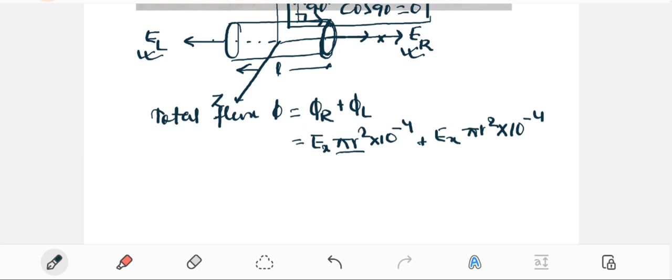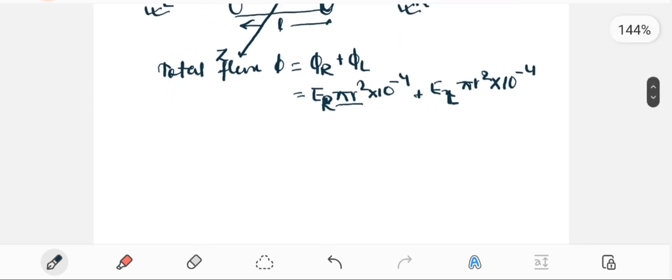Now students, for the right hand side we have considered it as r, so we will be writing it E_R. For the left hand side we have considered it as l, so we will be writing it as E_L. Now since both the magnitudes are same, so E_L and E_R can be written as Ex. This is also Ex, this is also Ex.